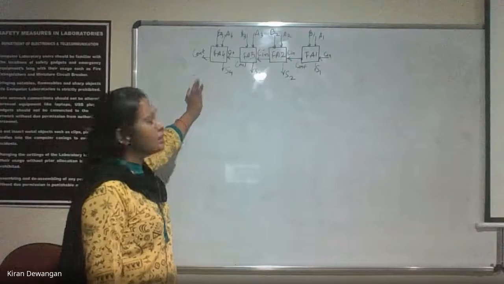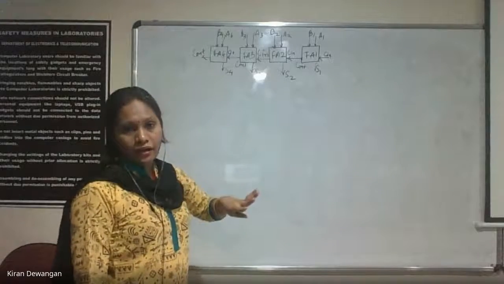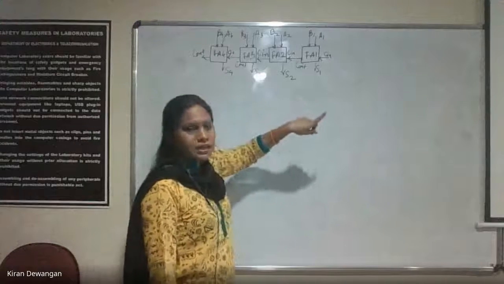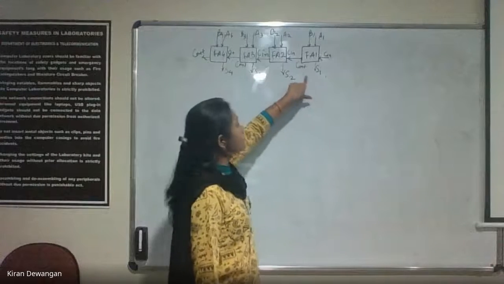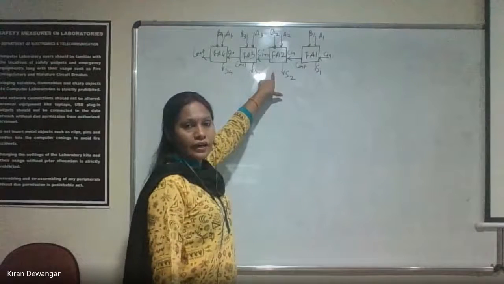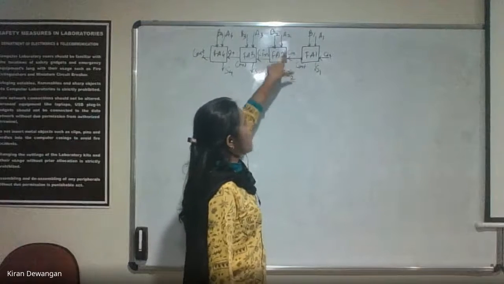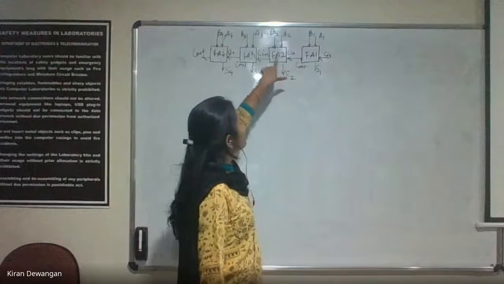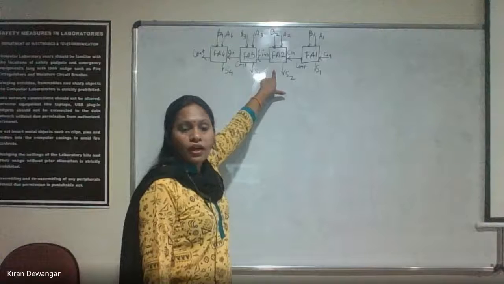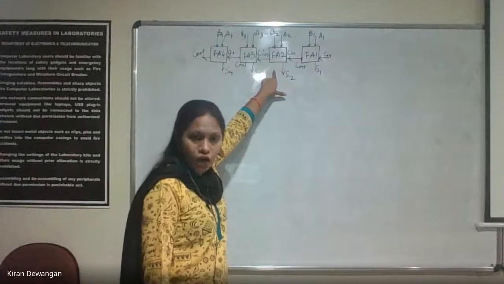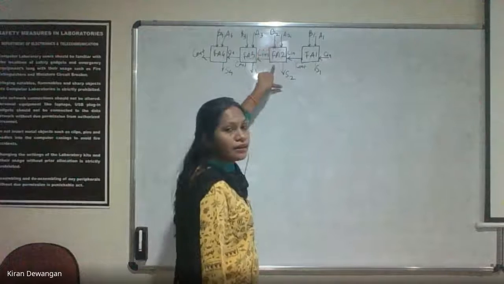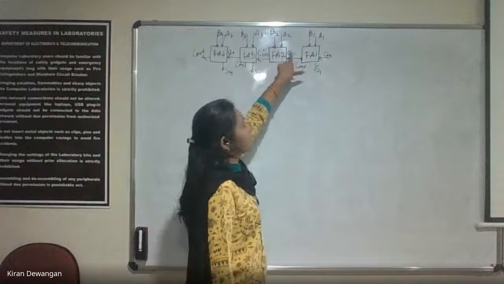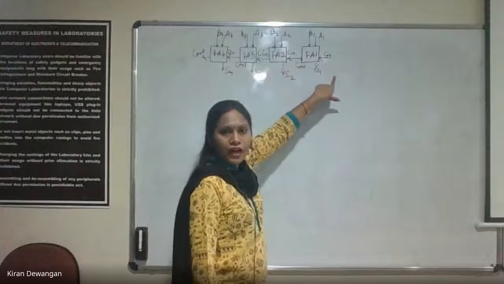This was clear? It has a drawback. The basic drawback is the carry ripples from the first full adder to the second full adder. Until and unless this carry is generated, the second full adder will not give a valid output. Clear? So the second full adder depends on the carry generated by the first full adder.